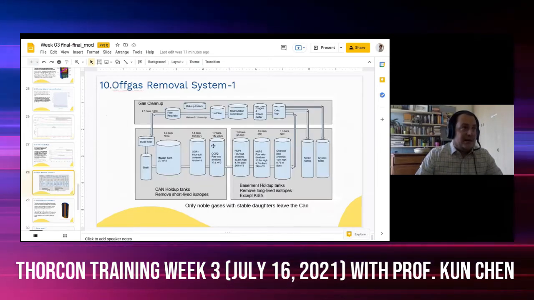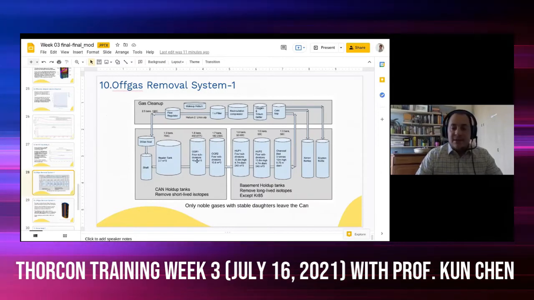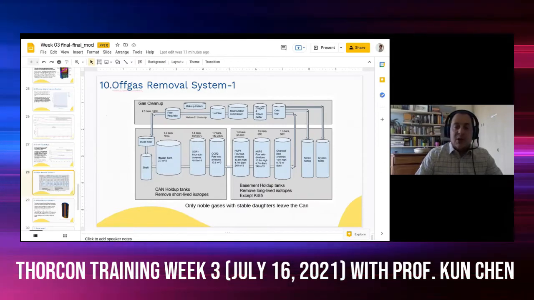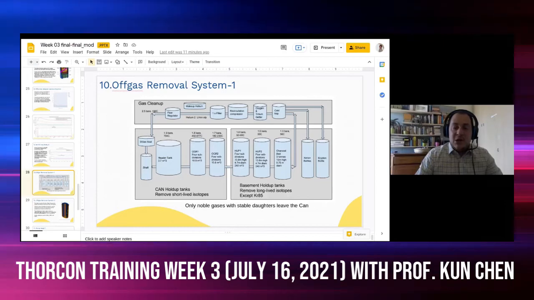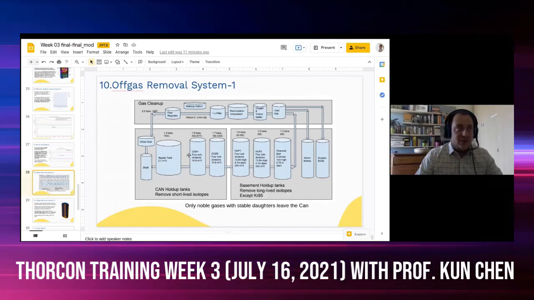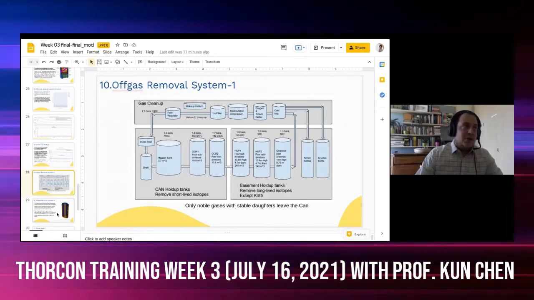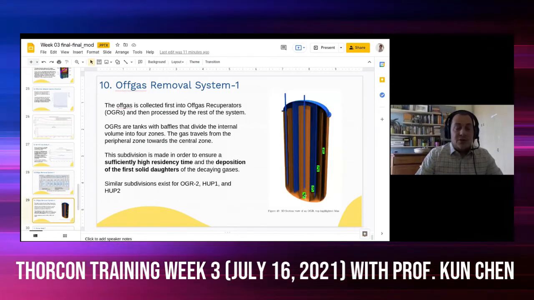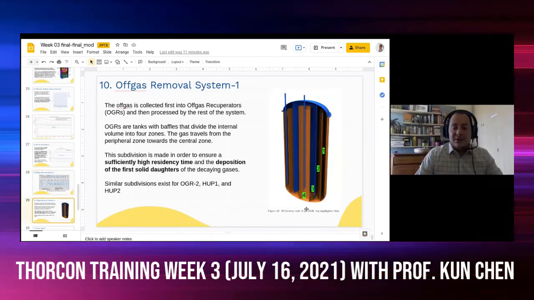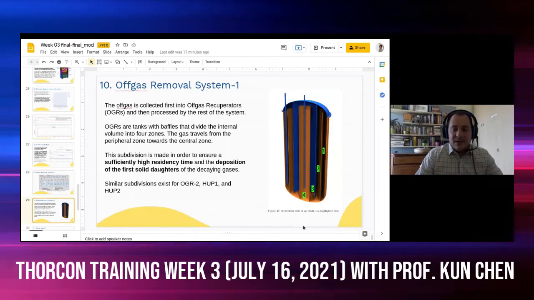So in this case, again, the decaying fission products will release non-gaseous daughters of gaseous fission products in the OGR that will deposit on the surface, where they can easily radiate and decay outside.